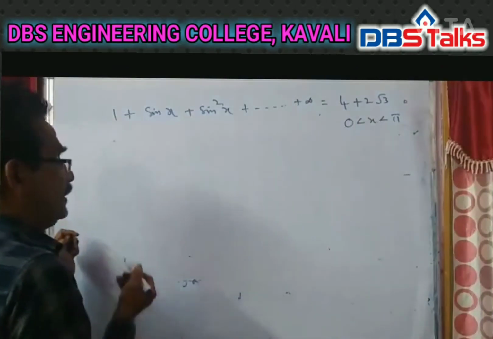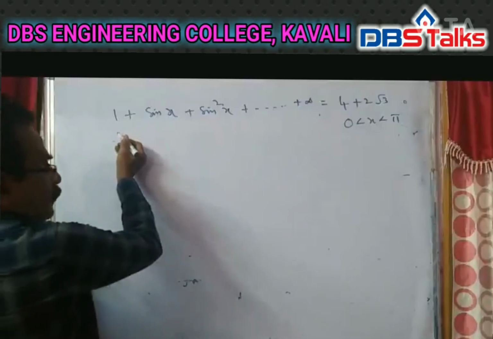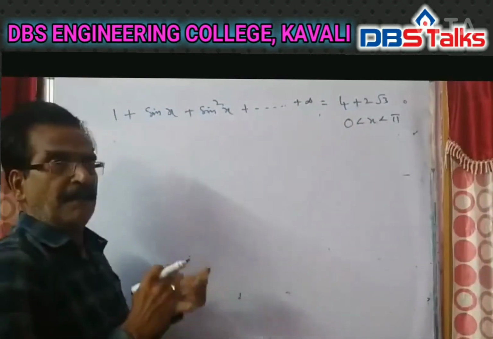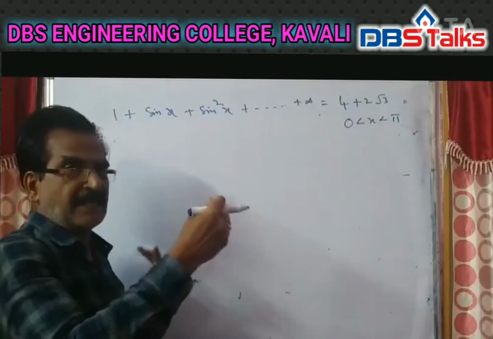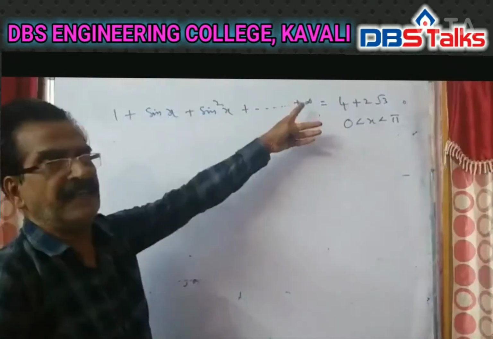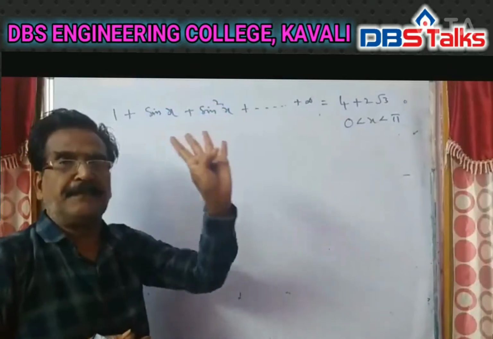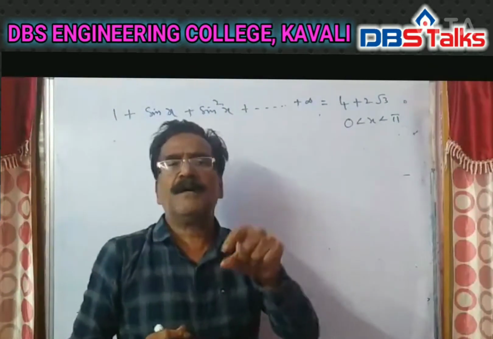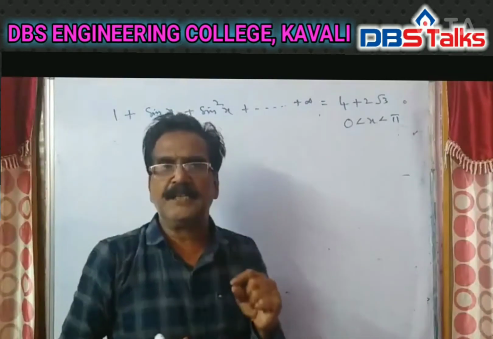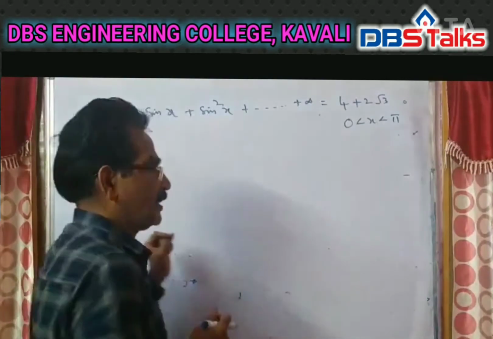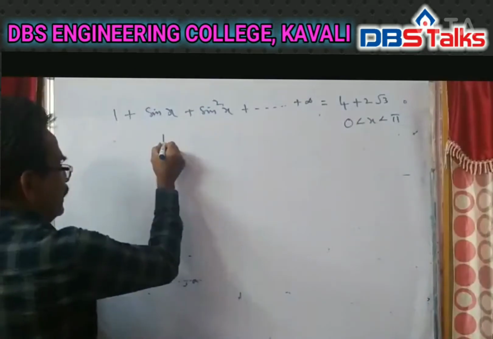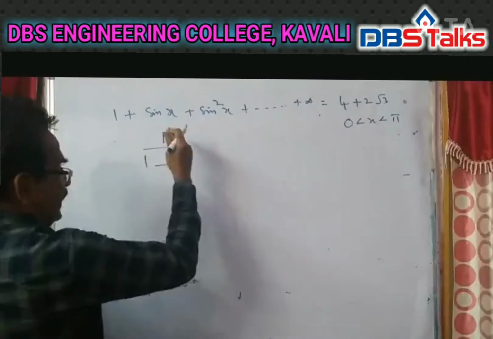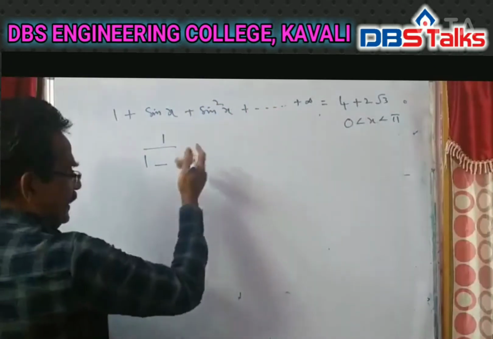Okay friends, if you notice, this is an infinite geometric progression: 1 plus sin x plus sin square x plus sin cube x plus sin 4x up to infinity. The sum of the terms of an infinite geometric progression is a by 1 minus r, where r is sin x.